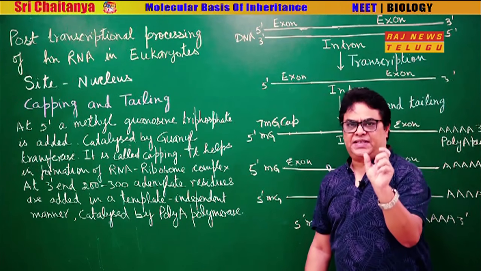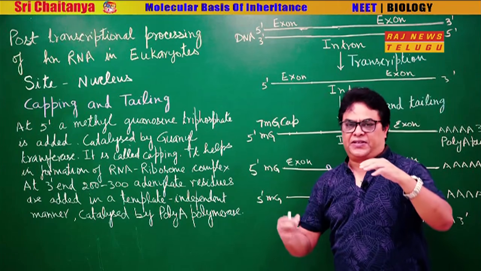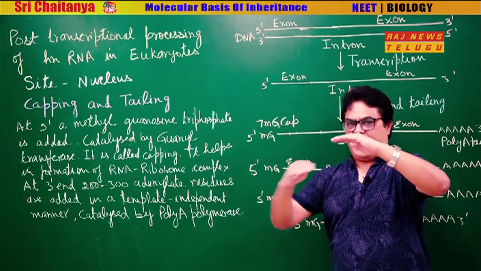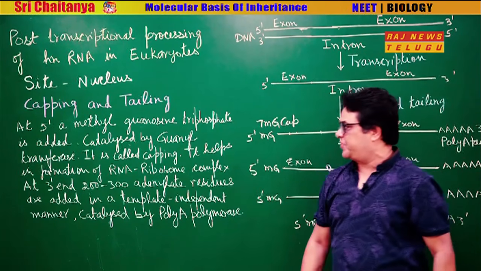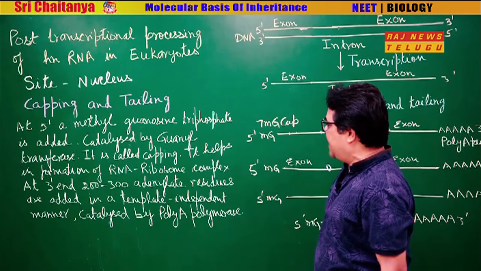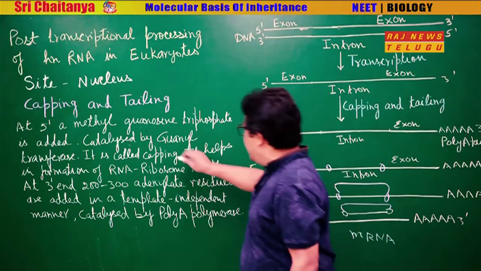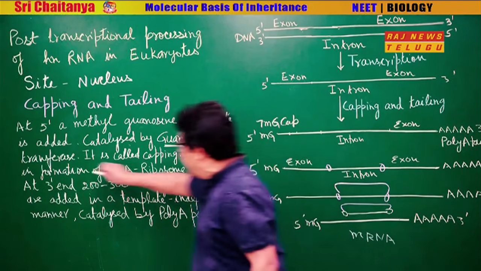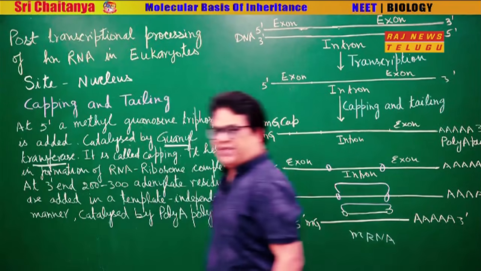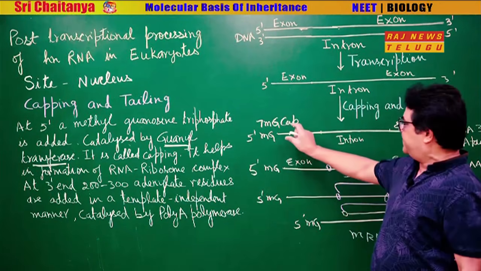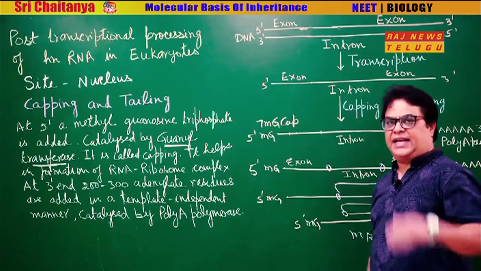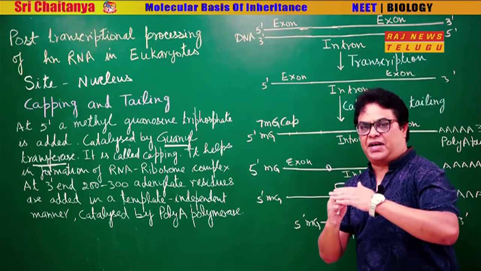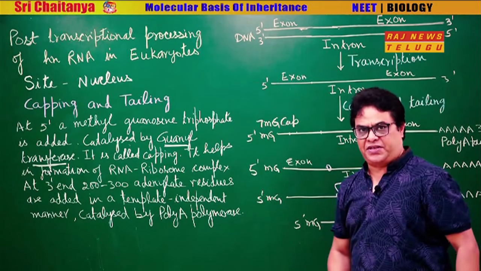The presence of this cap is very necessary for the formation of the mRNA-ribosome complex for the initiation of the translation process, and this cap is added with the help of an enzyme, guanyl transferase. So, with the help of guanyl transferase at the 5 prime end, a 7-methyl guanosine cap is added that helps in the formation of the mRNA-ribosome complex during translation.